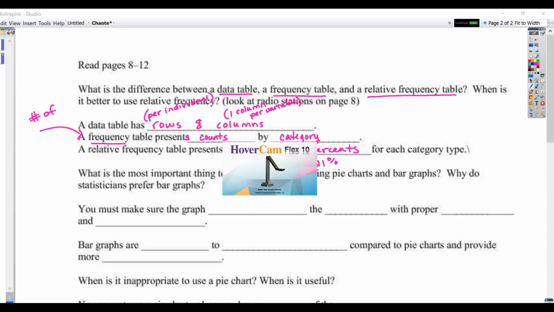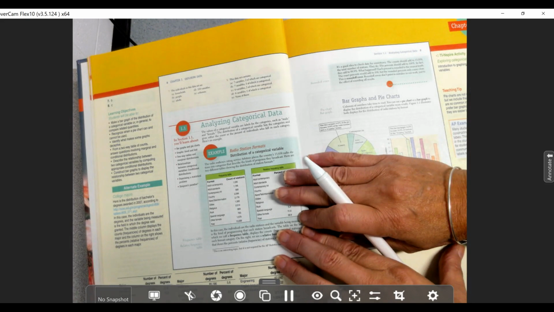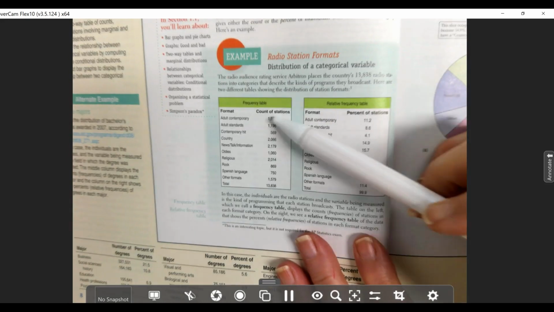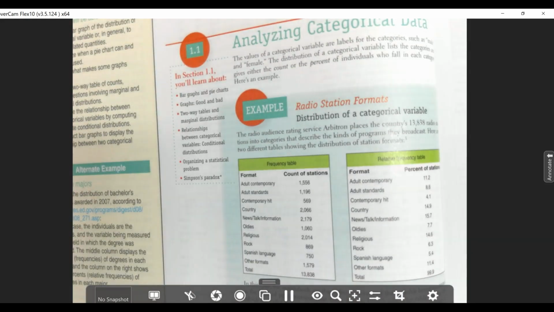Okay, so this should come up in just a second. And this is a really good example of comparing the different types of data that you can get. So here we go. Let me zoom in a little bit. Okay, so this is an example of a frequency table right here. Let me zoom in a little bit more. And you can obviously get in your book and look at it too.